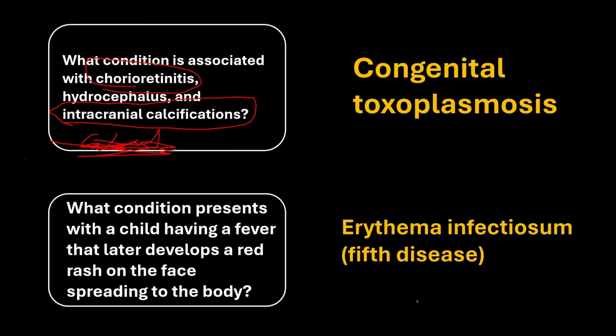What is the bug associated with fifth disease? Yeah, Parvo B19. What types of cells does Parvo B19 affect? Yeah, it affects erythroid precursor cells or your progenitor cells. What is the pathogenesis?